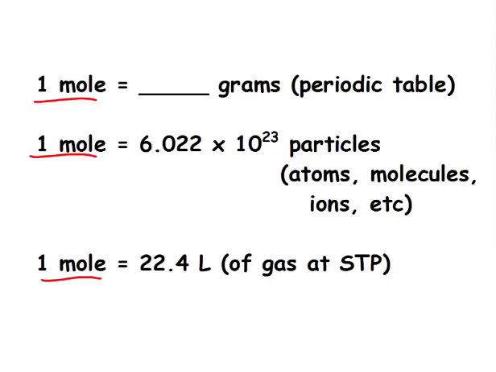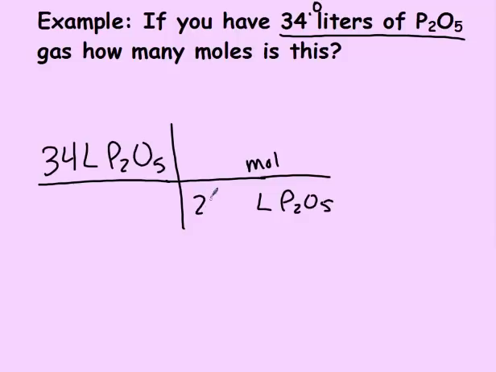Like we saw a second ago, 1 mole is equal to 22.4. So when I write liters, I'm going to put 22.4 with it. And 1 goes with moles. So I'm going to divide. And putting my answer in 3 sig figs, I get 1.52 moles.